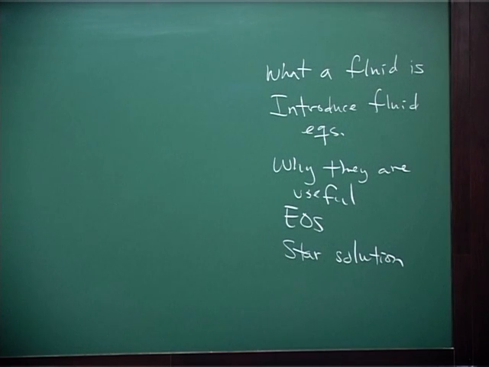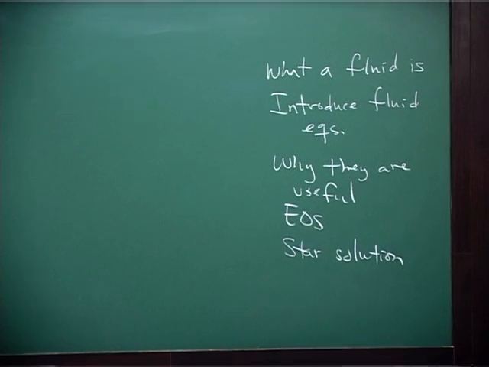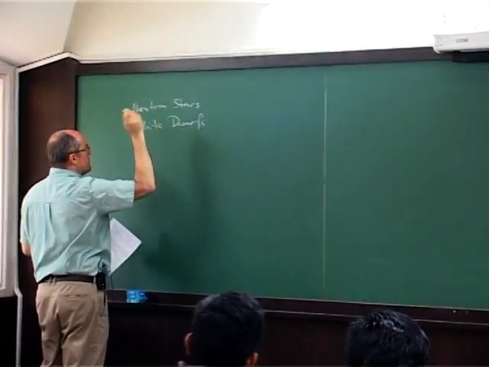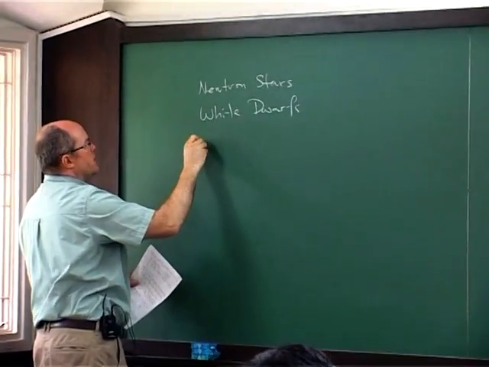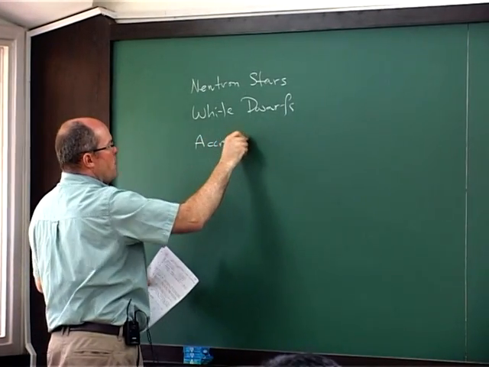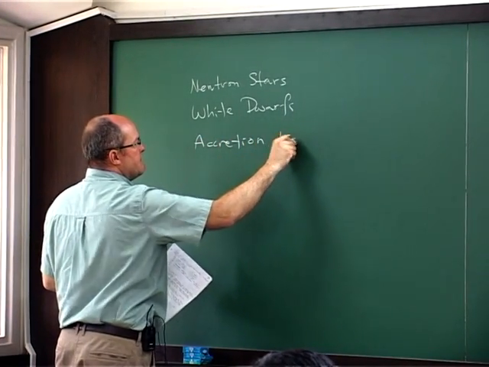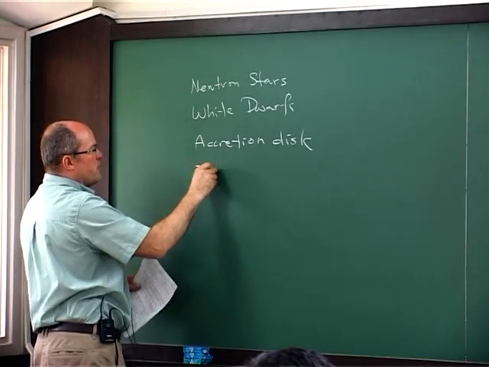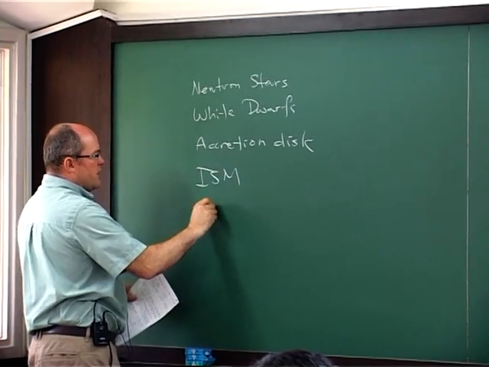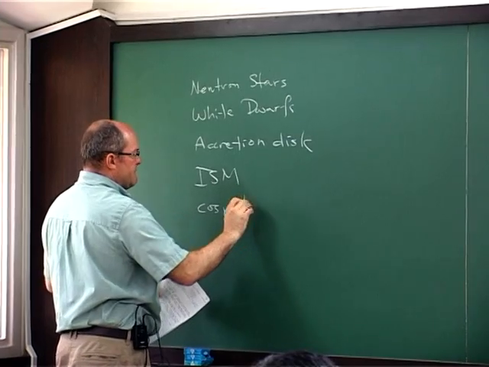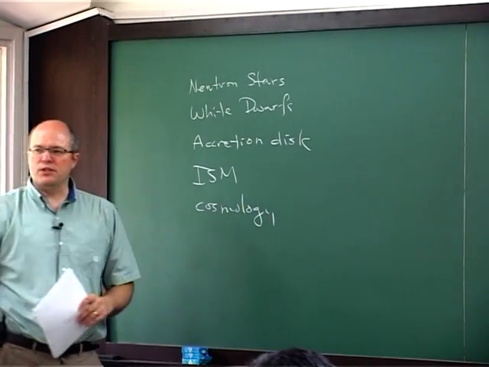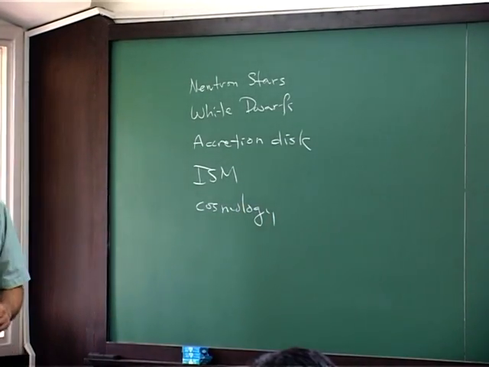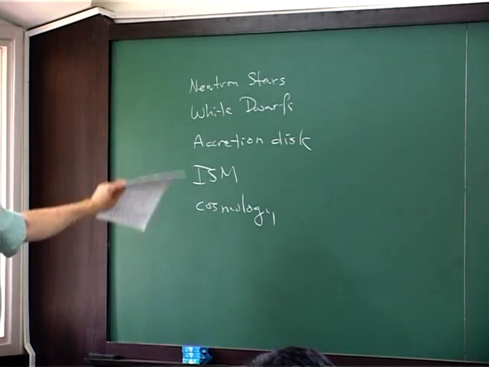And if you look through the astrophysical literature, you'll see that fluids are used to describe neutron stars, white dwarfs, other stars, I won't list them, accretion disks, the interstellar medium, cosmological fluids, the radiation fluid, the matter, and cosmology. A fluid is used to describe all of these things.